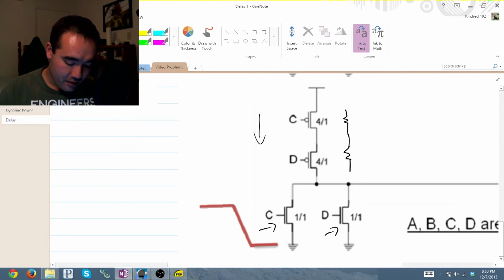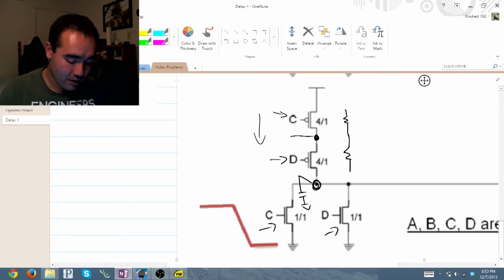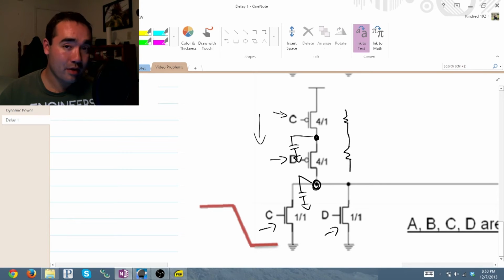So, this transistor right here, this is closest to the output. Therefore, your equivalent capacitor is right there. Same thing with this guy, with transistor C. This side of the transistor is closest to the output. Therefore, there is your equivalent capacitance.